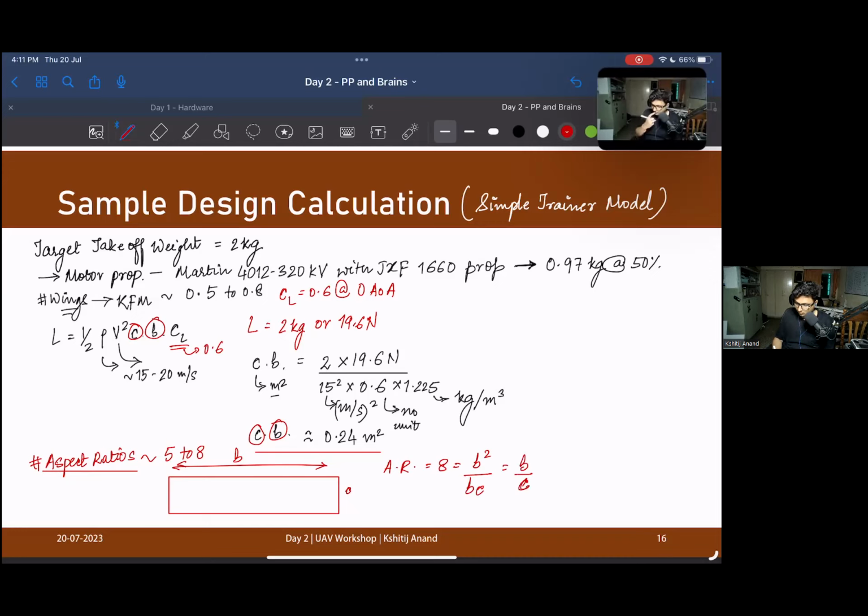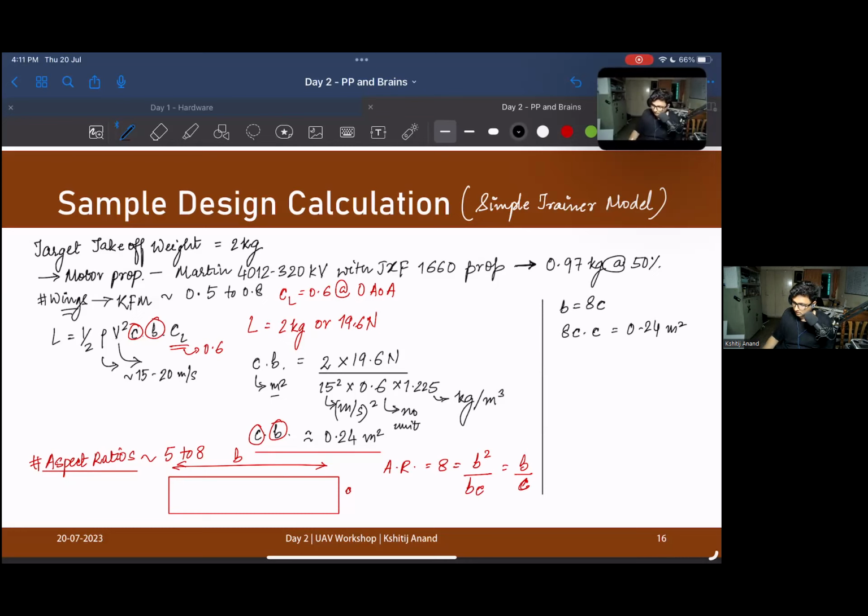So you will see that now we can put B equals 8C, and 8C times C is going to be 0.24 meters square.